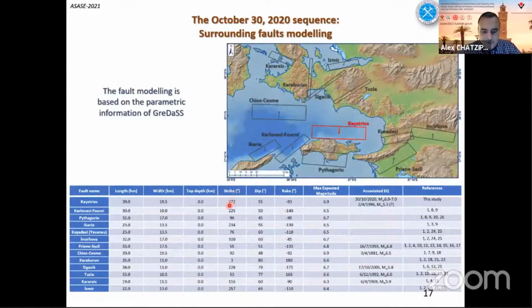So, for trying to find out which faults produced the different clusters apart from the main fault, we used all those faults around here. They are modeled faults in GREDAS, the Greek Database of Seismogenic Sources, with their parameters, and we used each of them as a receiver fault of the stress released after the main shock.